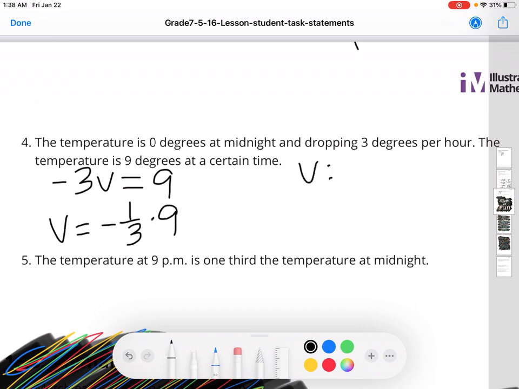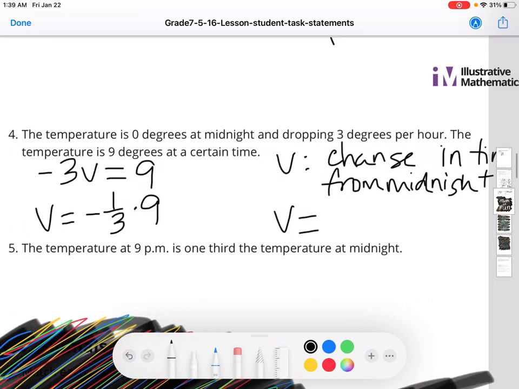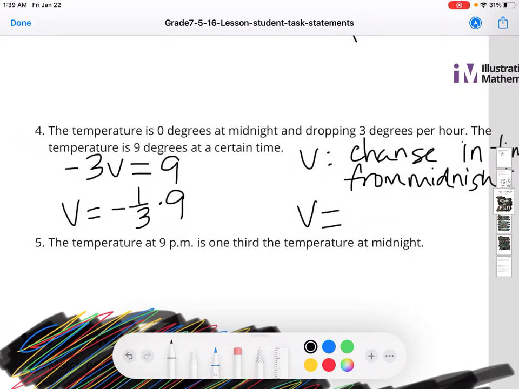So V represents my change in time. So this one's very similar to the last one. So change in time from midnight, when the temperature was 9 degrees. So V equals what for these equations to be true?